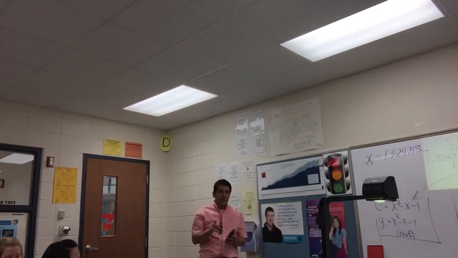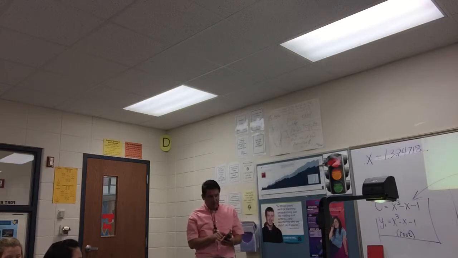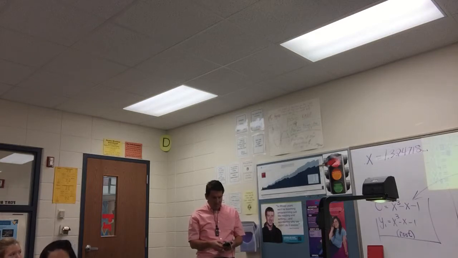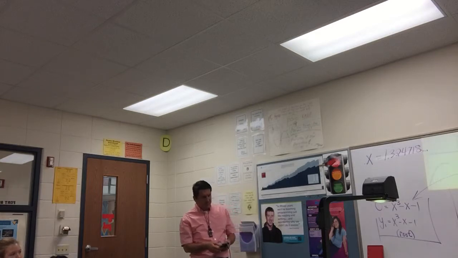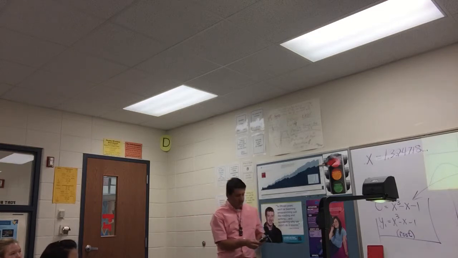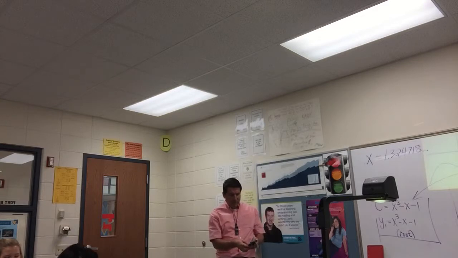Okay. Let me show you something cool. Go to the graph, y equals, oopsie, I got to put my graph back in here. x to the third minus x minus 1. And do this. Calculate the 0 again.